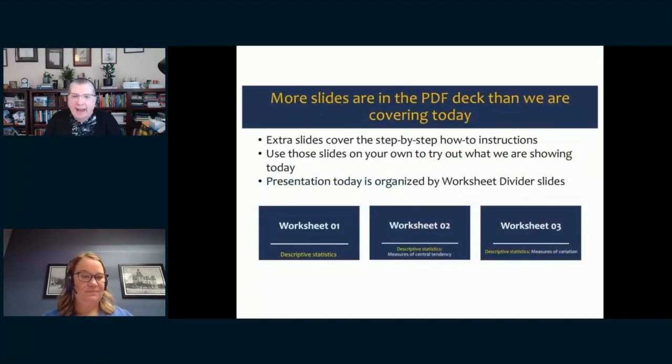We have the extra slides inserted as we go, but if you're following the PDF, when we go to a new topic, you'll see a new worksheet divider slide like I've got on the screen here. Here's worksheet 1, 2, 3. That's a signal that we've switched to a new topic. The presentation today is organized by those worksheet divider slides, and we are not covering all the how-to steps, just the introduction to each one of those.